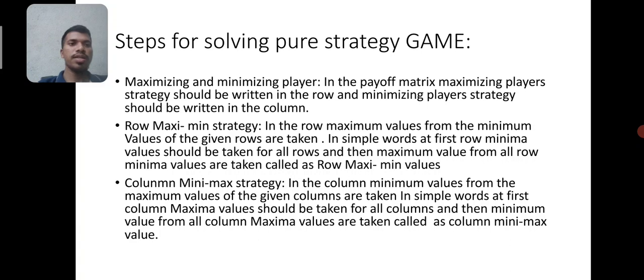In simple words, at first the maximum value of each column is taken for all columns, and then the minimum value from all column maxima is taken, called the column minimax value.